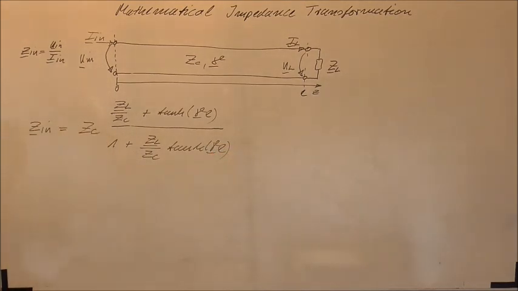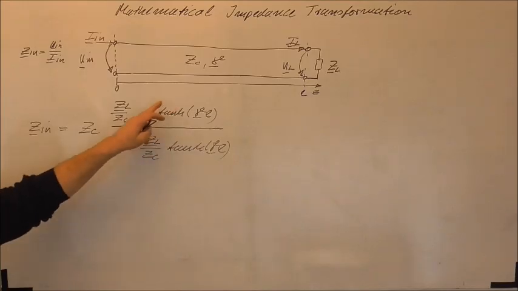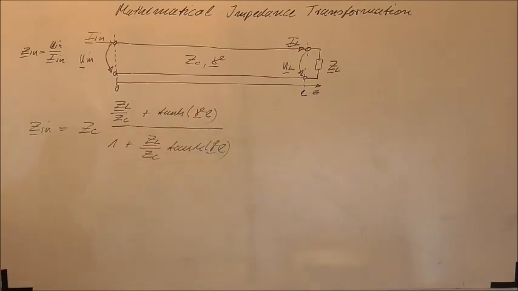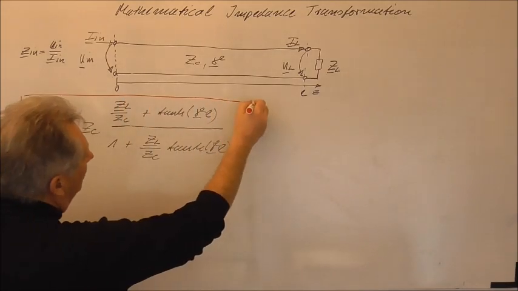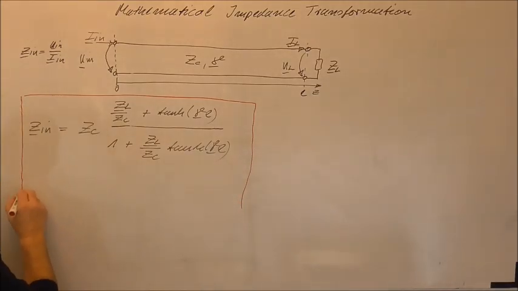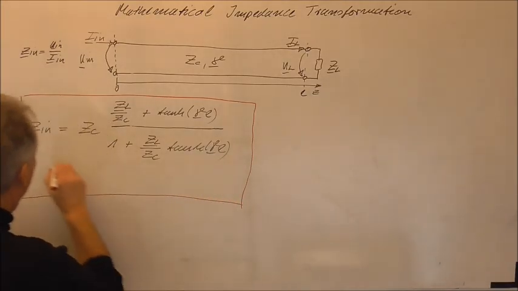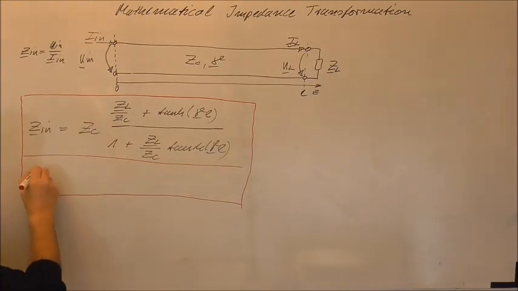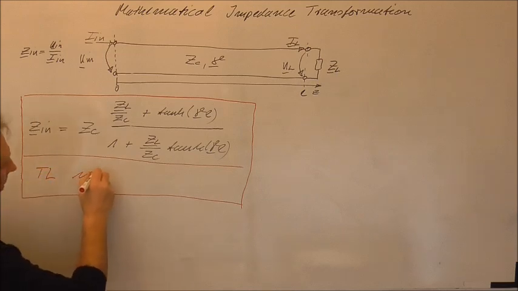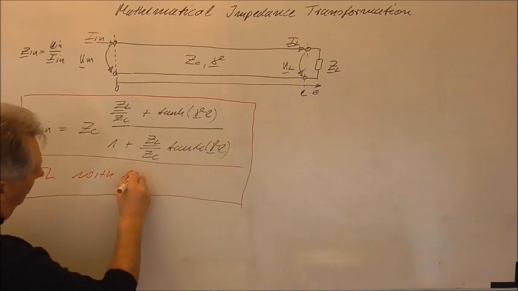Of course this is a quite complicated equation because you have to take the tangents hyperbolicus of a complex value. So this is the equation for how a transmission line with losses transforms the output impedance or the load impedance into an input impedance. So this is for a transmission line with losses.